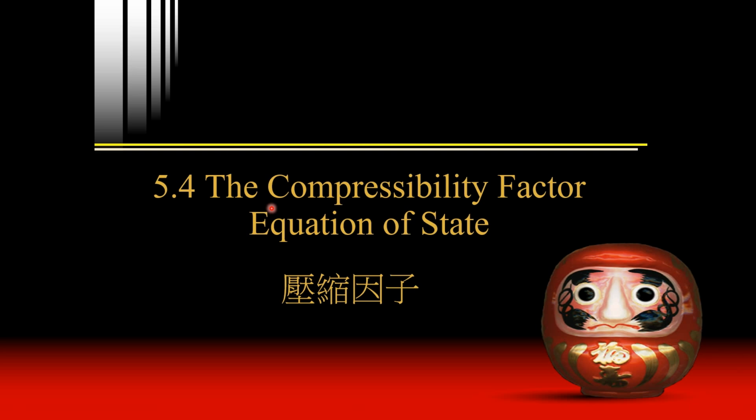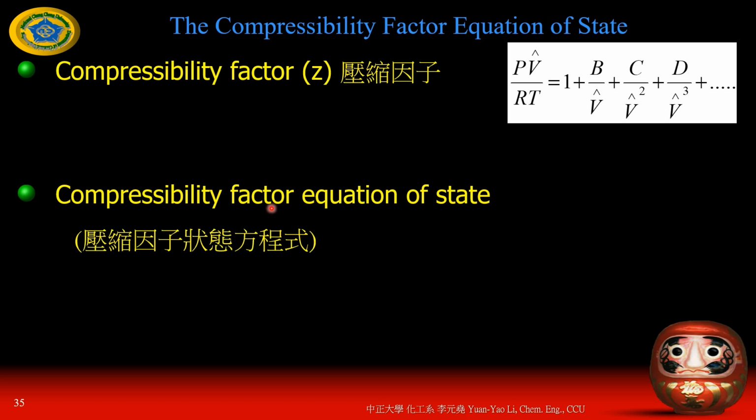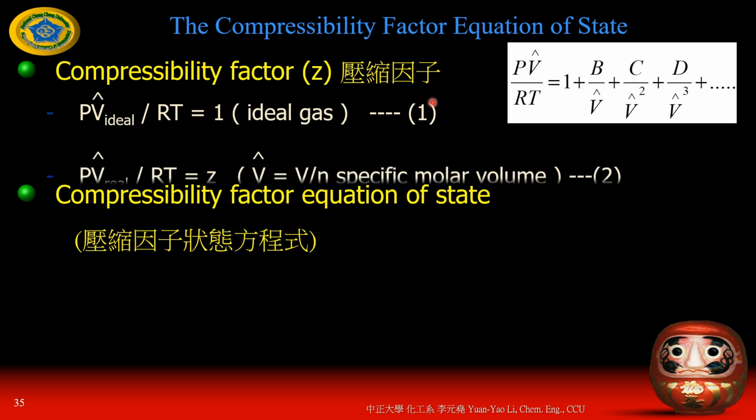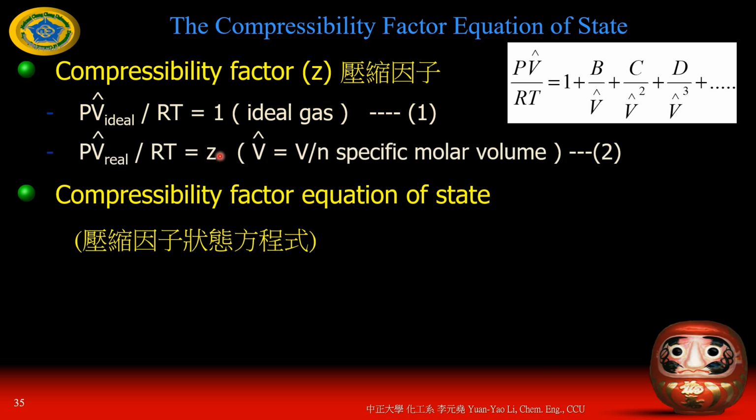Okay? 5.4. So what is the compressibility factor? When you think of this, you understand if this is an ideal gas, PV over n divided by RT will be equal to 1, right? This is the case of the ideal gas equation of state, we say this is equation 1. However, if this is not ideal, you can use a Z here.